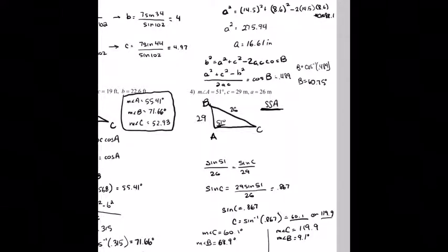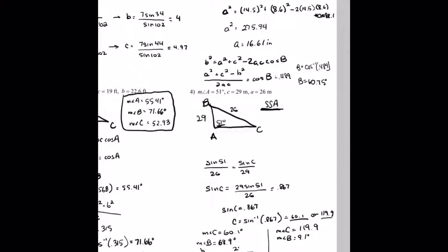Now we need to find the missing side length B. So let's go back over to this case here. This is going to be another law of sines. B over sine of angle B, which in this case is 68.9, equals A over sine A, which is sine 51.